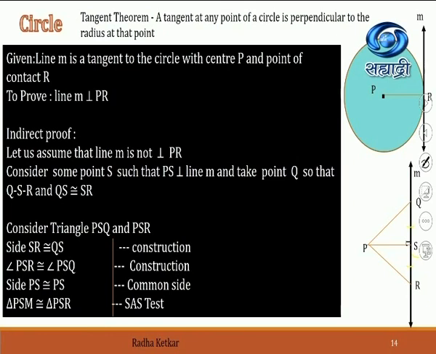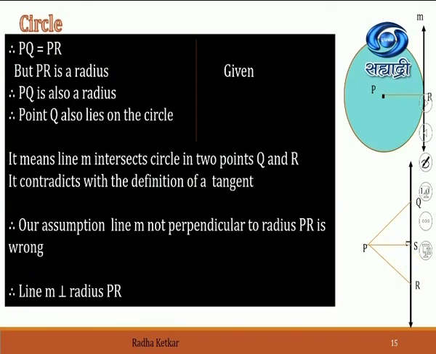Then side PS is equal to side PS, that is a common side. So we can say these two triangles are congruent to one another by the side angle side test. Once you have the congruence, we can go for the correspondence. So we can say now PQ is the same as PR, or PQ and PR have the same length.